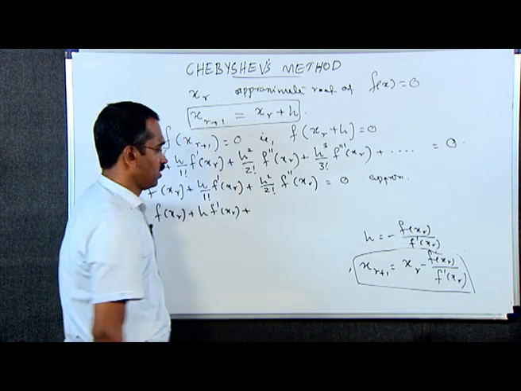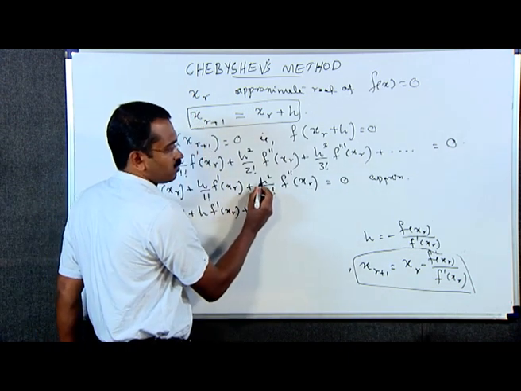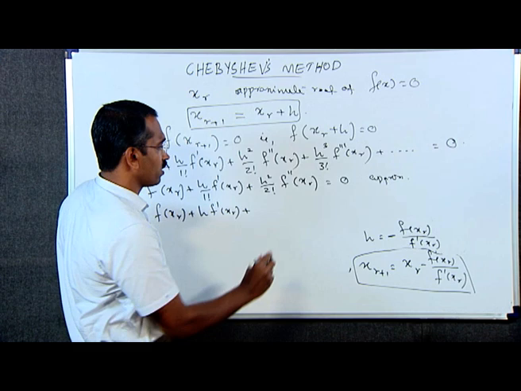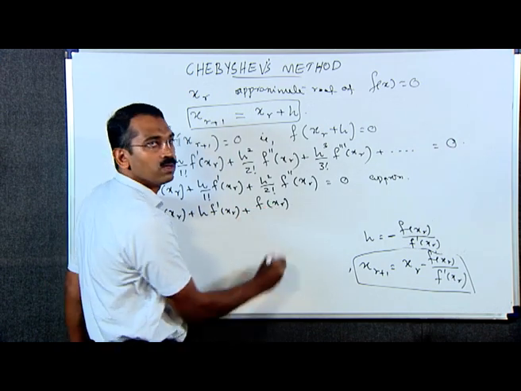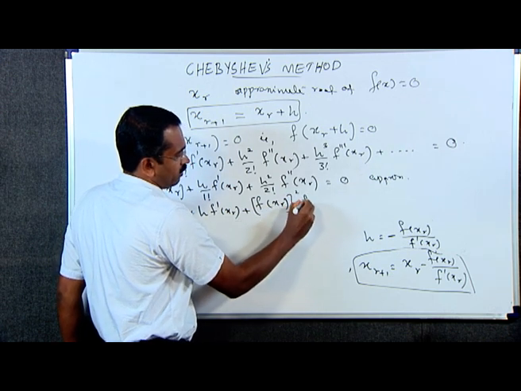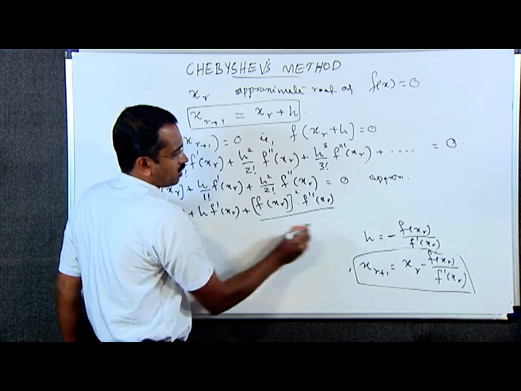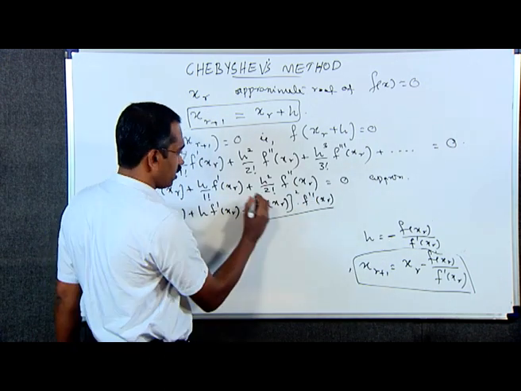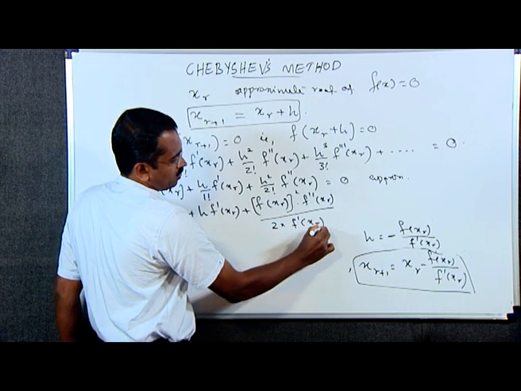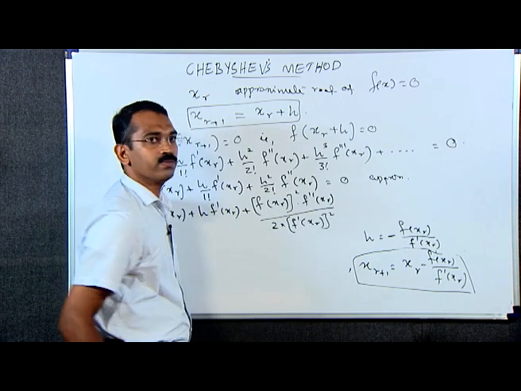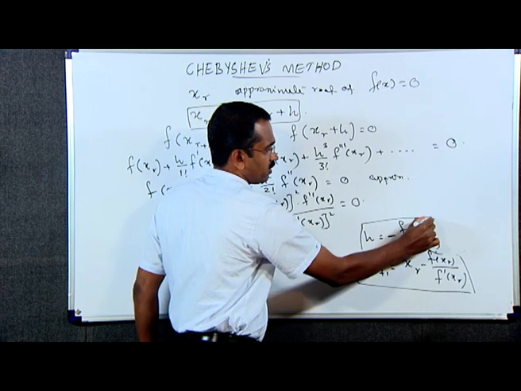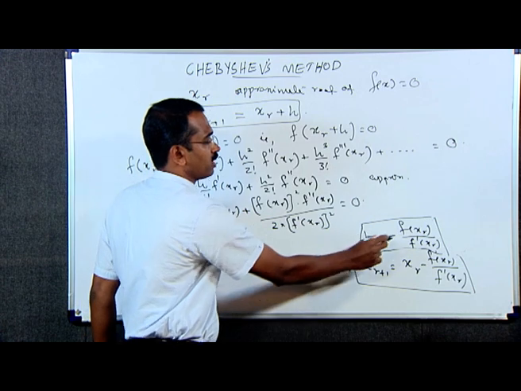In this term, h square is positive, that is [f(x_r)]^2 f''(x_r) / [f'(x_r)]^2, and 2 factorial means 2, by using the value of h as -f(x_r)/f'(x_r).